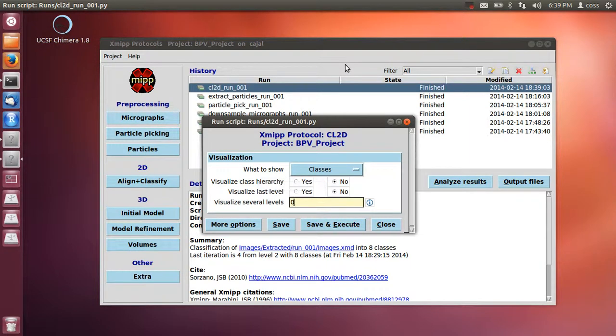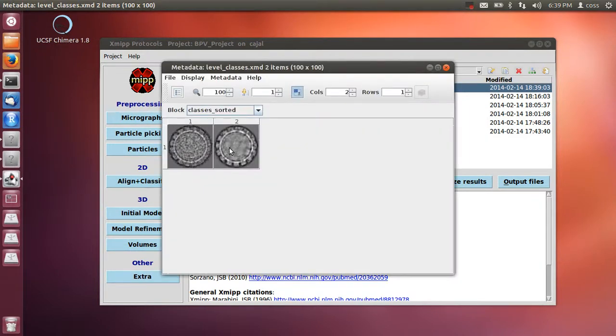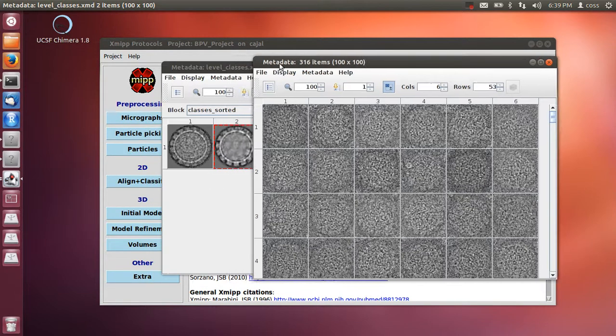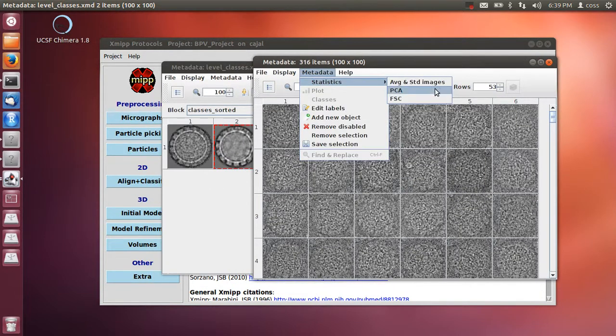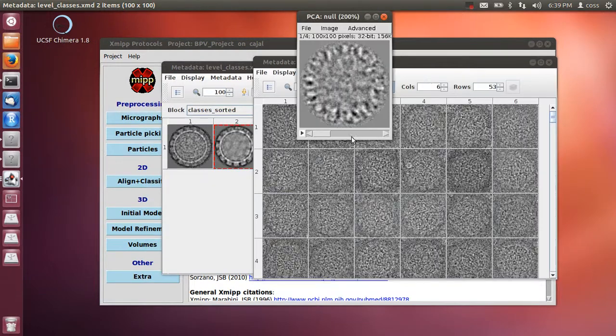At level 0, we see the 2 classes that have been calculated. This one with 300 images, this one with only 40. Let's say that we want to analyze the images behind these 300. Now we do a PCA, and we clearly see a lot of structure. The main differences among the images are related to the capsid of the virus.